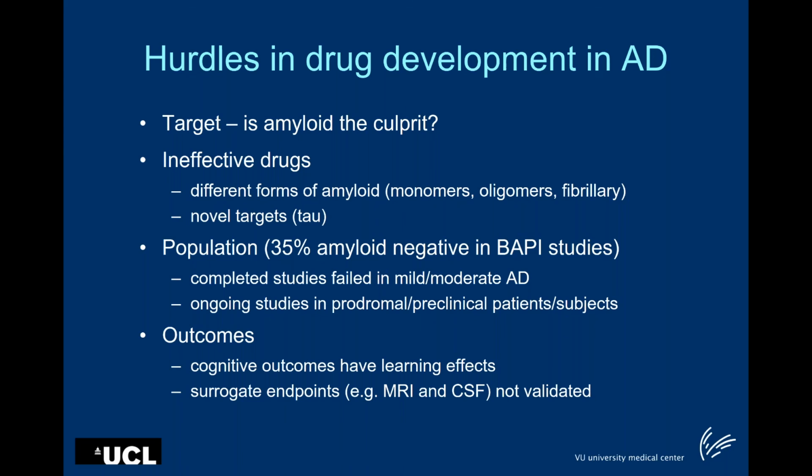Whatever you think of these 35%, perhaps they have another form of Alzheimer's disease, but obviously not very good candidates for an amyloid therapy. So that is clearly where imaging can play a role in making sure that people who go into these trials do have amyloid pathology on board. And obviously the final thing you can debate are the outcome measures, but I'm not going to go into that for now.